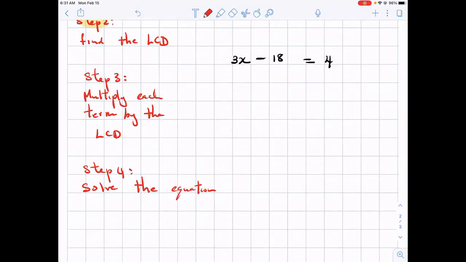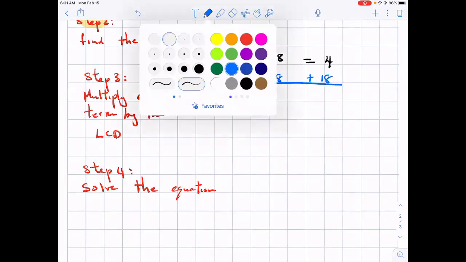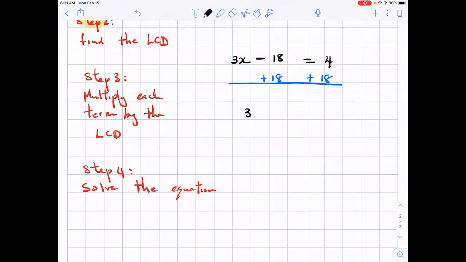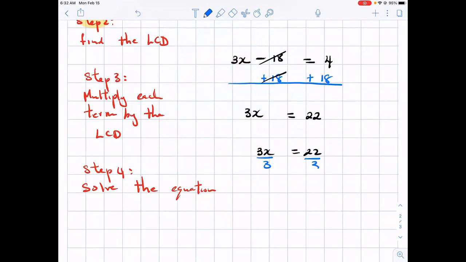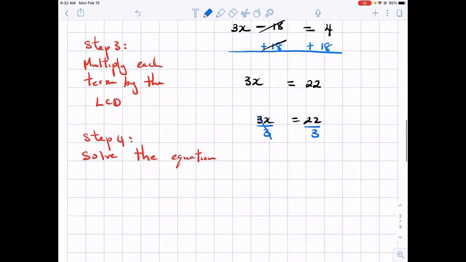If we do this, what we're going to do is add 18 to both sides. And if we add 18 to both sides, we're left with 3x, minus 18 plus 18 cancels, and 18 plus 4 is equal to 22. Okay? And then to get x by itself, we'll divide both sides by 3. 3 divided by 3 is 1, so that leaves me with 1x, and 22 over 3.